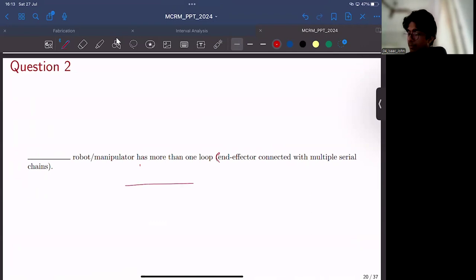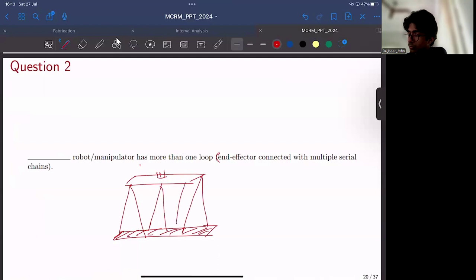For example, if we have a platform like this on which we mount a tool, and we also have a ground or a fixed base, and as per the question, the robot has more than one loop, or it is connected to the ground by multiple serial chains like so. Then clearly this is an example of a parallel robot or a parallel manipulator, right?